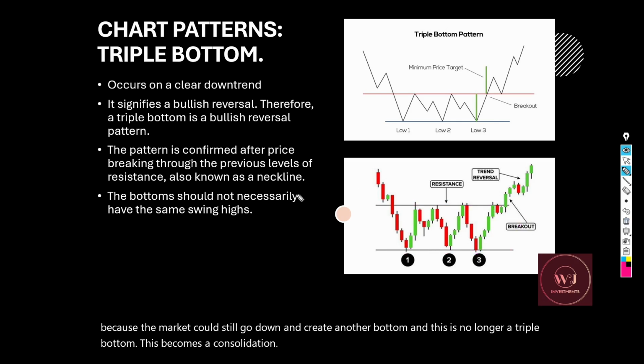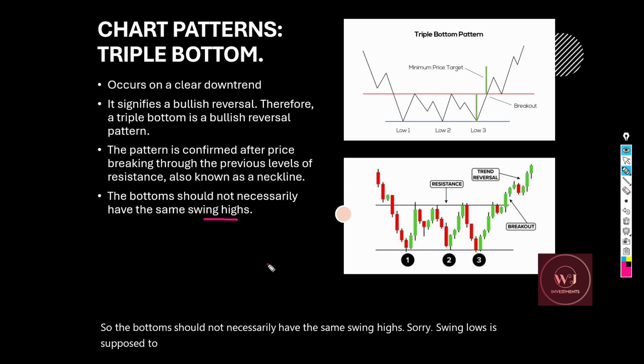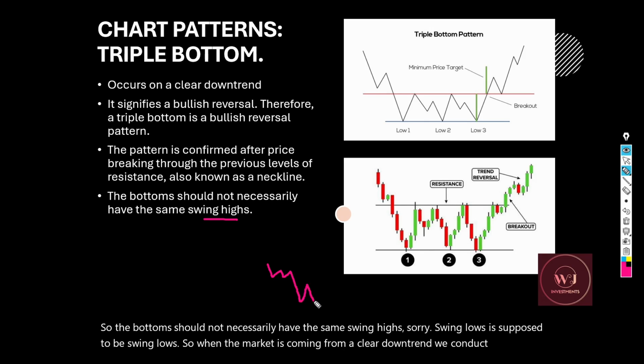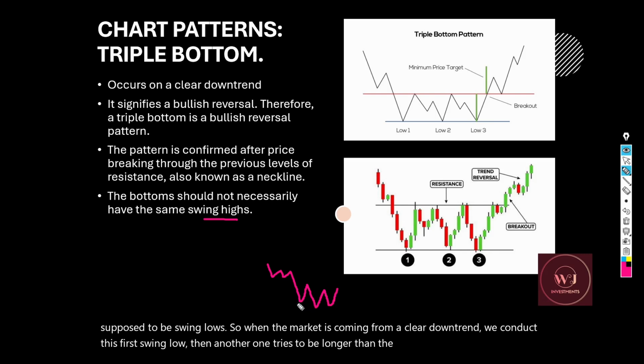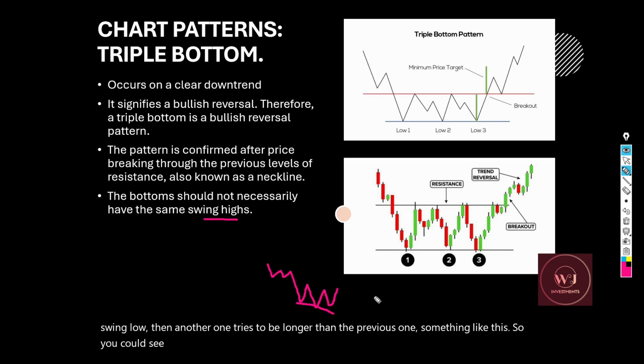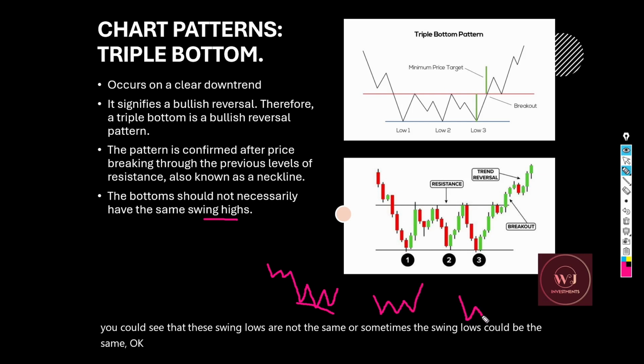So the bottoms should not necessarily have the same swing lows. It's supposed to be swing lows. When the market is coming from a clear downtrend, we could have this first swing low, then another one tries to be longer than the previous one, something like this. So you could see that these swing lows are not the same, or sometimes the swing lows could be the same. Or sometimes you could find something like this.